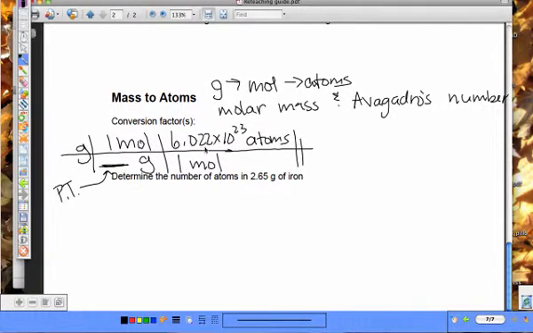You can multiply first and then divide if you want. But we can't keep Avogadro's number on the bottom, otherwise atoms would be on the bottom, and we can't cancel out any units then.